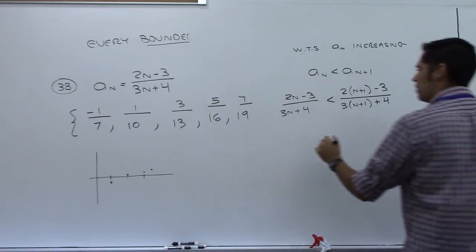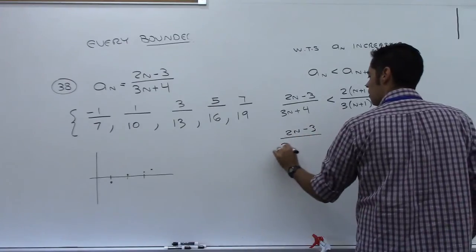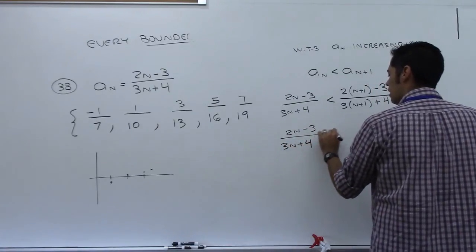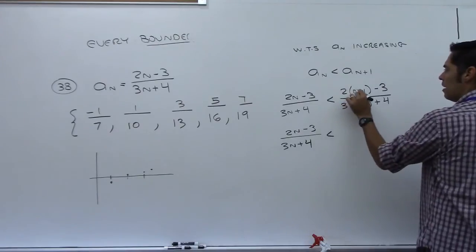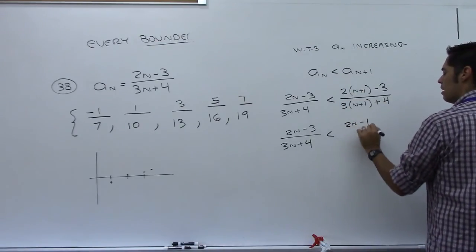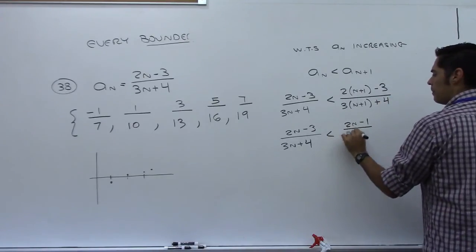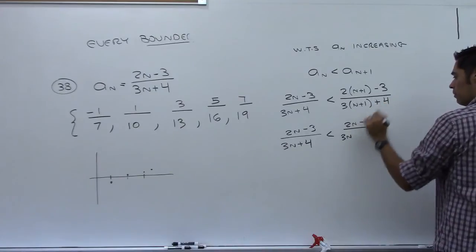Let me kind of clean up a little bit here. 2n minus 3 over 3n plus 4. Is that less than, let's see, 2n plus 2 minus 3, which is 2n minus 1, and then 3n plus 3 plus 4 is 3n plus 7.